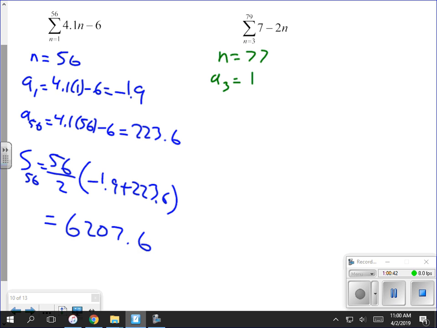7 minus 6 is 1. And then the 79th term, 7 minus 2 times 79 gives me negative 151.